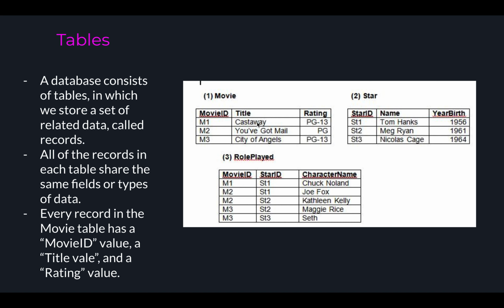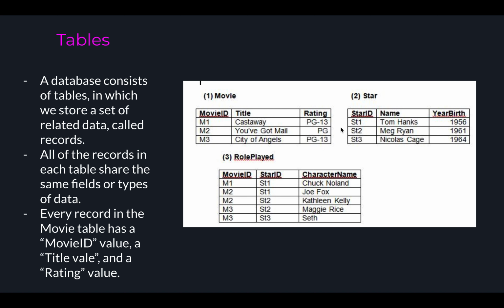For example, we could have movie ID and title be mandatory, so every record needs to have these, but rating is not mandatory. So for some of them, it might be blank. It's optional. So to review, each of these are records. They each have different pieces of information according to the fields in a table. Each table also has different fields. These are the fields.